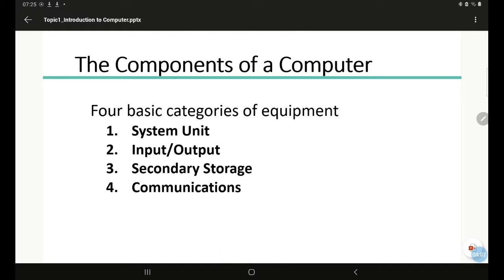Input is a device to capture data into the computer, and then it needs an output device to produce the output to the user. Then it has to have secondary storage, meaning that it can store information. And it has to have the ability to communicate or disseminate the information to others. All of these are the components or categories of a computer.